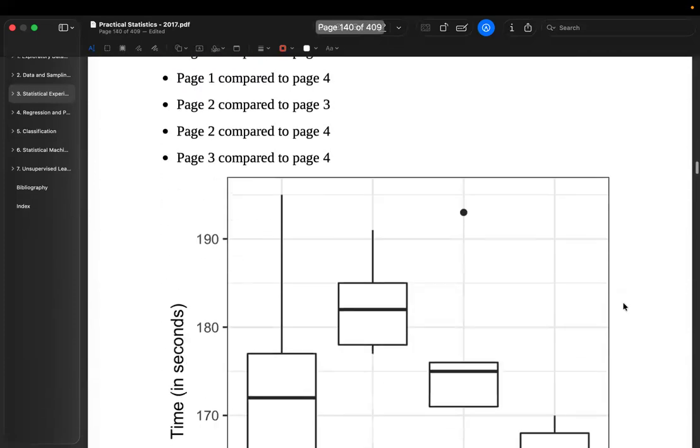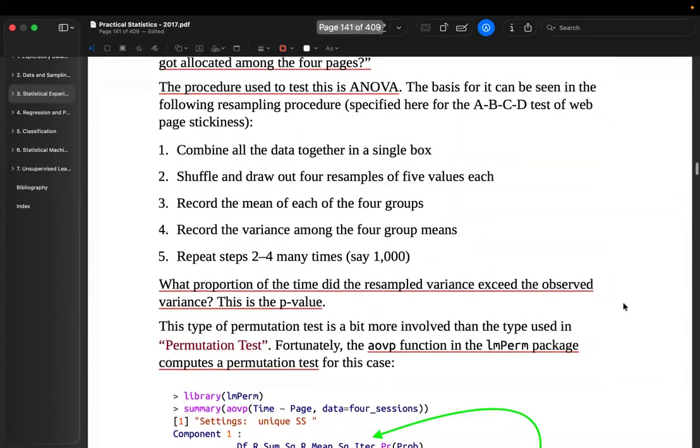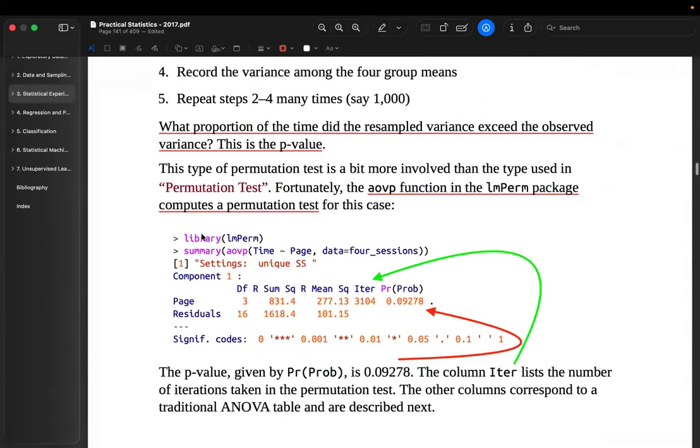Of course, you can use lm-perm and then the aovp function, and then you can get all these. Here it does iterations for the permutation, it takes this many iterations, and then it calculates the p-value. This is the p-value.